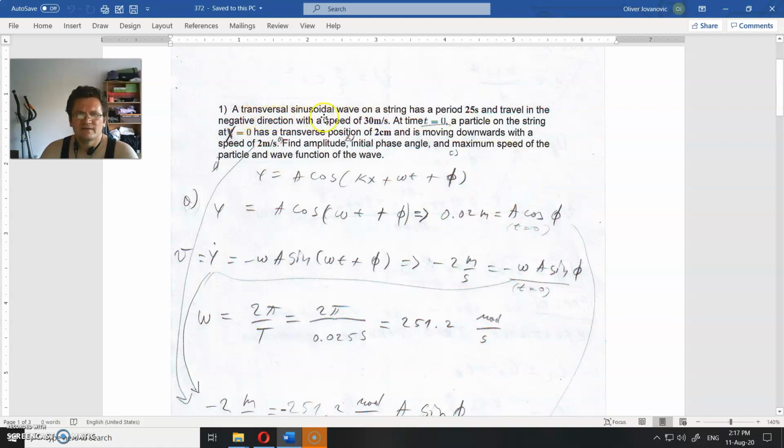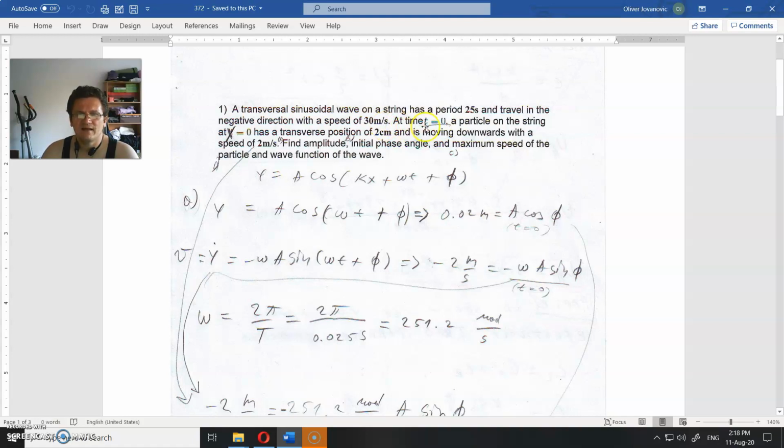Okay, a transversal sinusoidal wave on a string has a period of 25 seconds. Period is large phi, and travel in the negative direction with a speed of 30 meters per second.